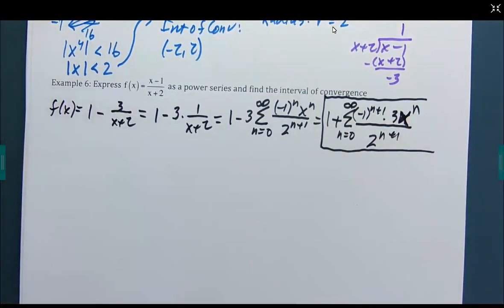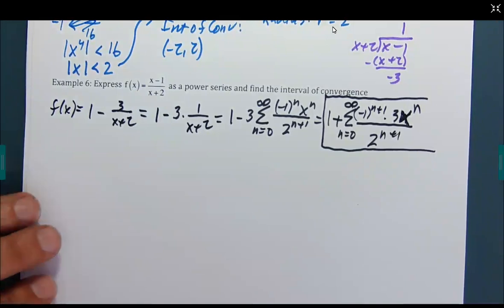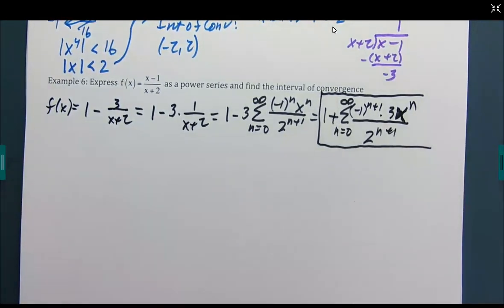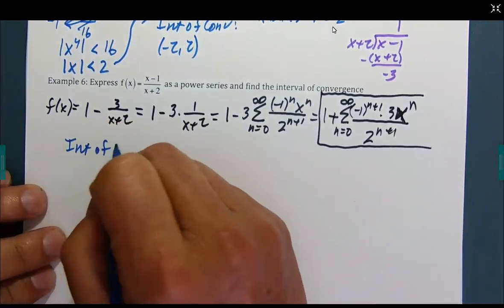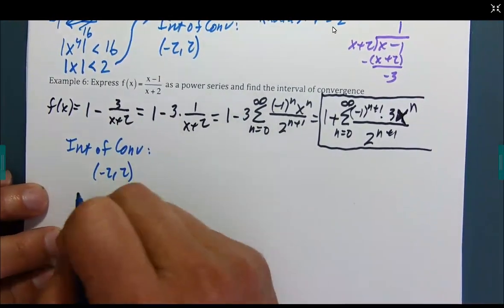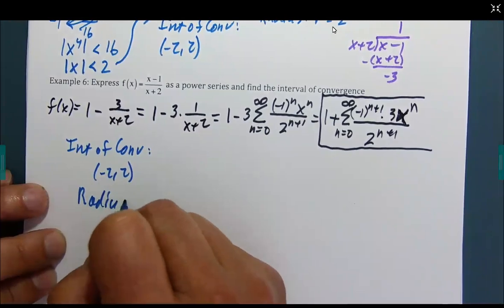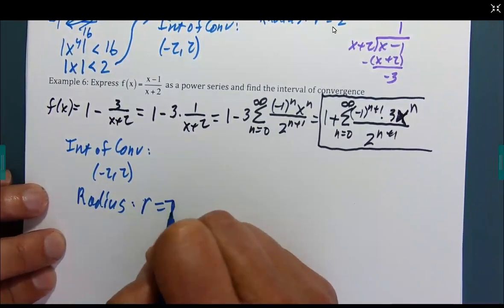So it's a little extra fancy here. That again is an x. And this is going to have the same as the example 2, right? The interval of convergence, -2 to 2, with a radius of r equals 2.